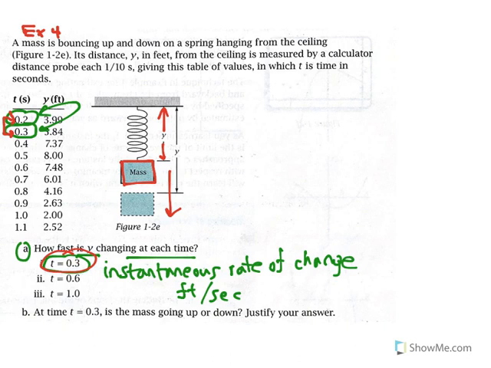But the question then becomes, if you want to know the instantaneous rate of change of the distance from the ceiling with respect to time at 0.3 seconds, should you use the time interval from 0.2 to 0.3 seconds? Or should you use the time interval from 0.3 to 0.4 seconds?